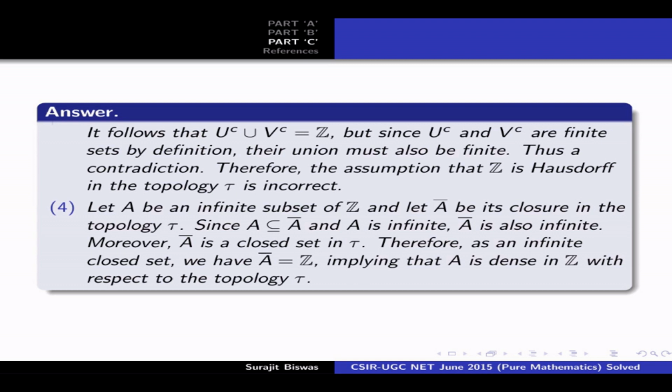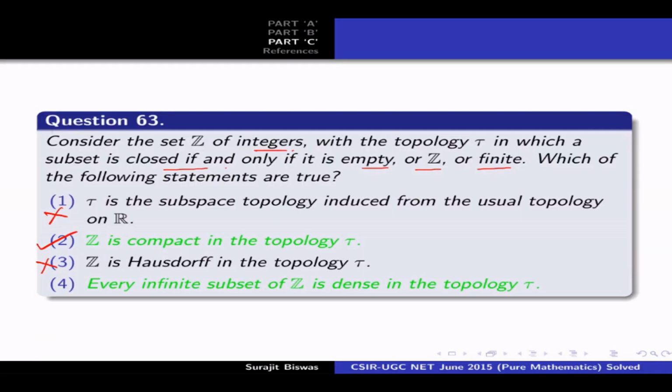It follows then that U complement union V complement is equal to Z, but since U complement and V complement are finite sets by definition, their union must also be finite, thus a contradiction. Therefore the assumption that Z is Hausdorff in the topology tau is incorrect. So this option is incorrect.